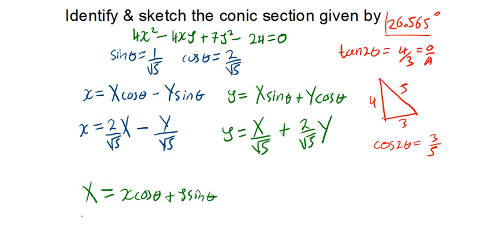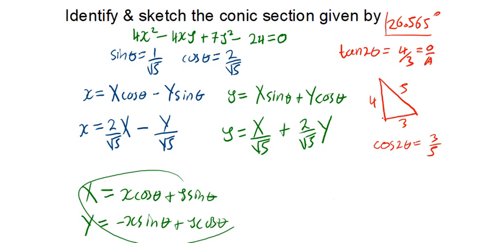Then uppercase Y will be equal to minus x sine theta plus y cos theta. So these are what you use if it was rotated, like when they give you the equation and tell you it's rotated.